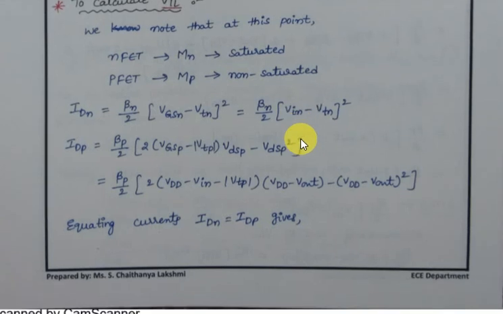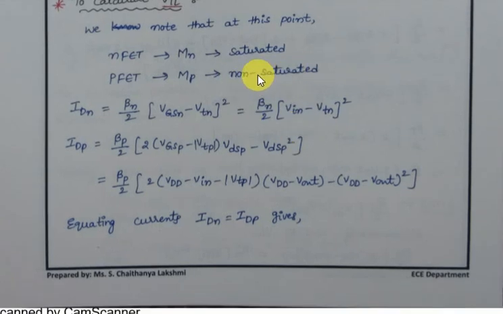Then for the non-saturation of the PFET, it is beta p by 2 times [(VGS minus VTP) VDSP minus VDSP whole square]. Here we substitute VDSP equals VDD minus Vout.